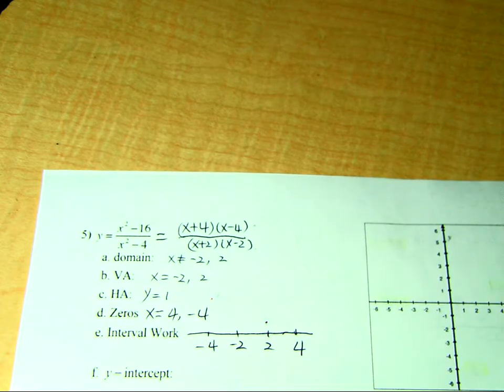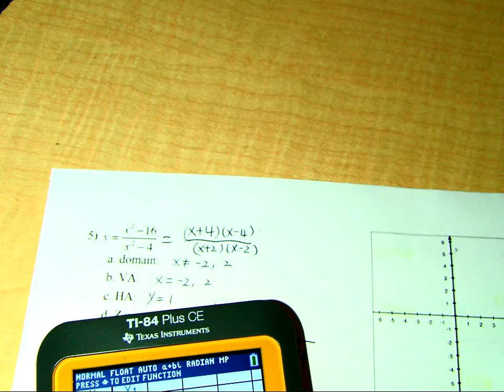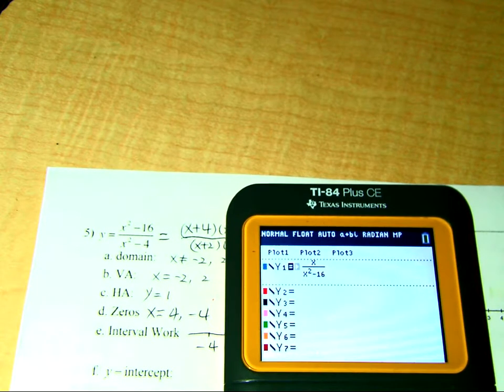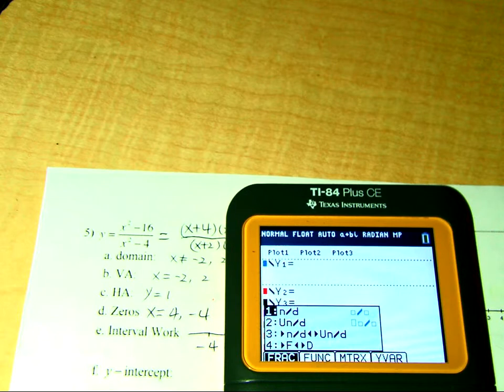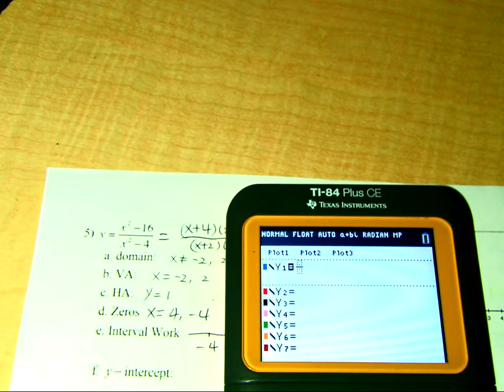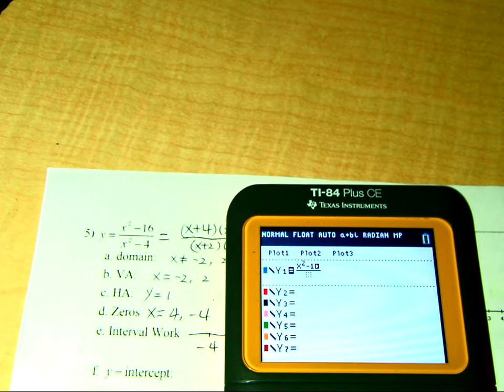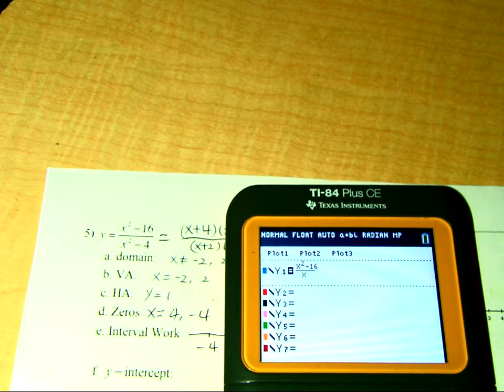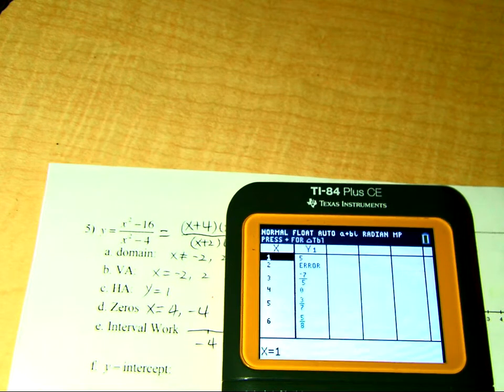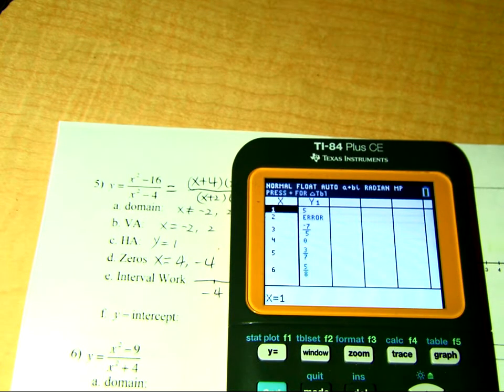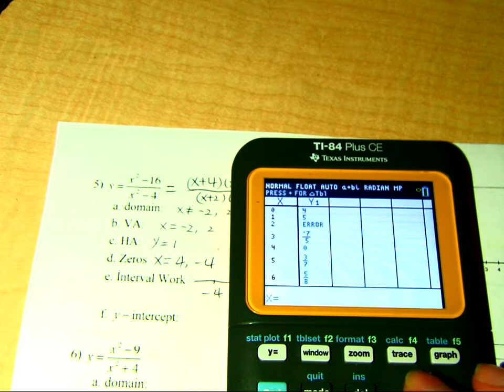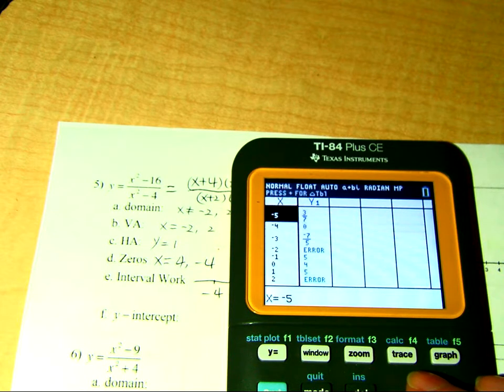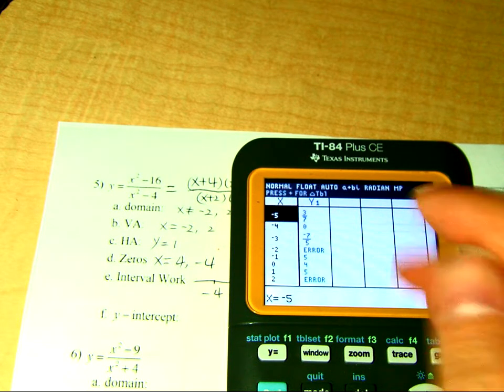Lots of intervals this time, so let's use a calculator. Top is x squared minus 16. Bottom is x squared minus 4. Okay, go to table. Okay, let's see. Before negative 4, I can use negative 5. That's a positive.